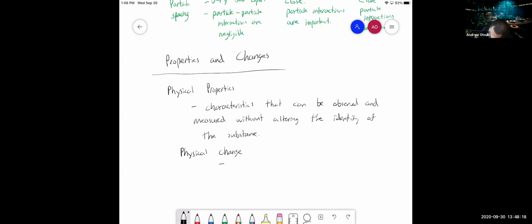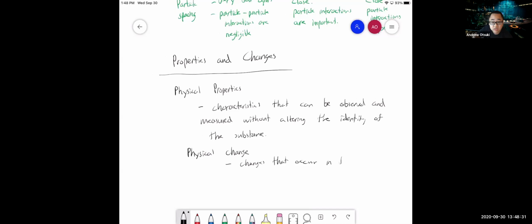Physical changes are changes that occur in the form of a substance without changing its chemical identity.